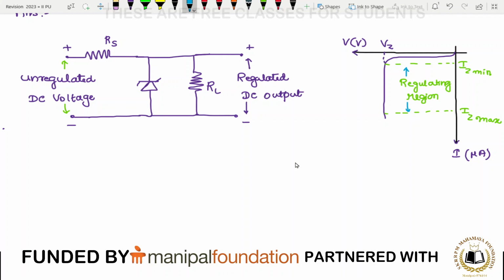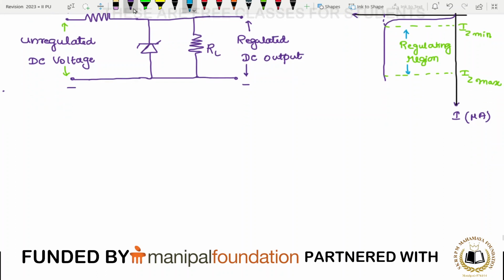So we'll write the working of this one. Working. So the circuit diagram is over. Now we'll write the working. When the input voltage increases, what happens?